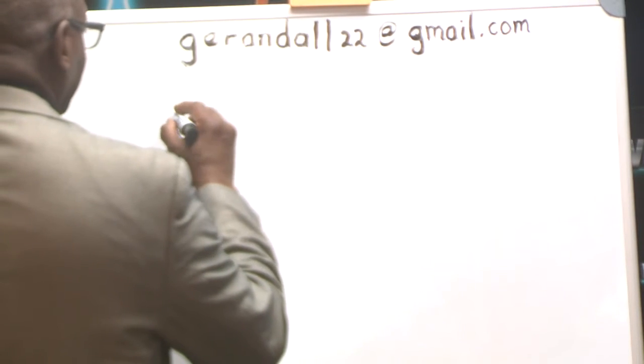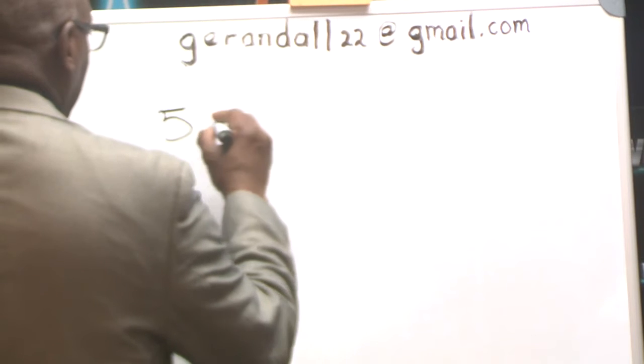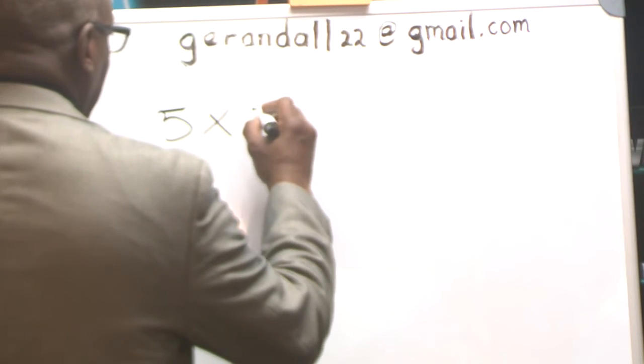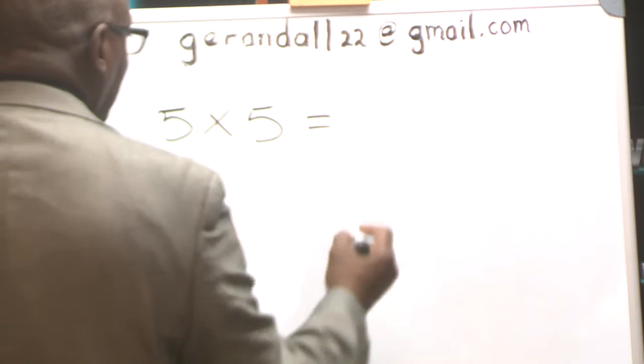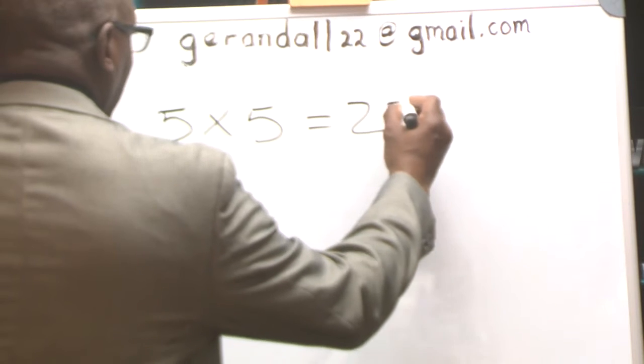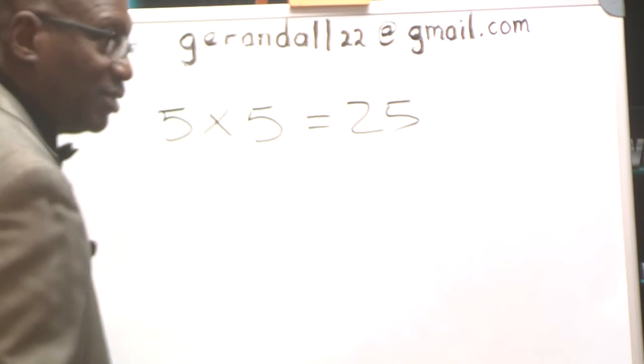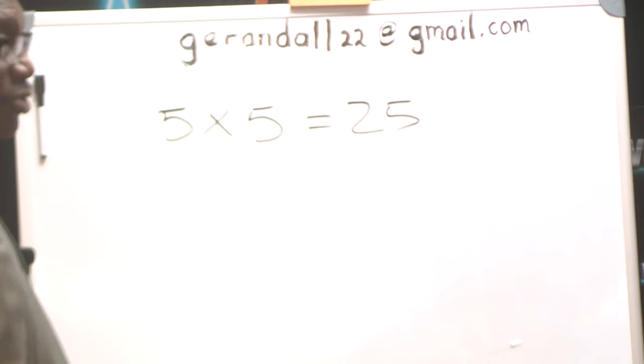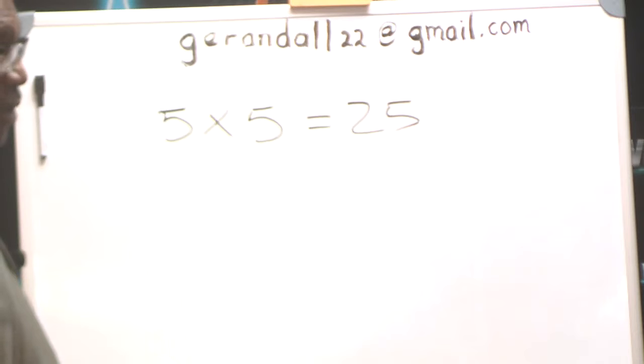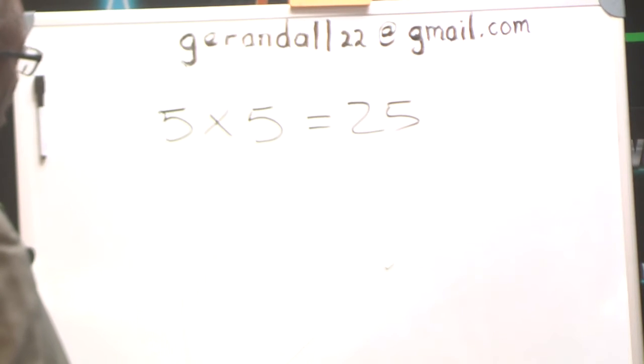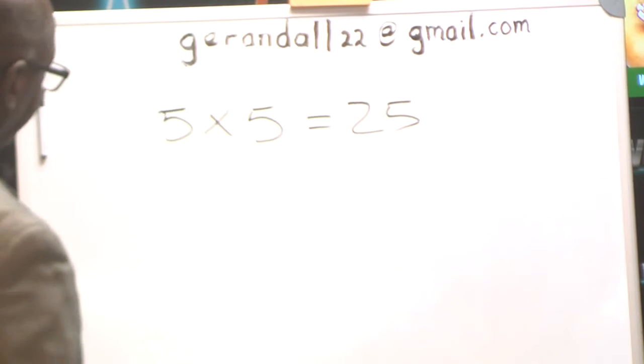So look at this. 5 times 5 equals 25. And multiplication is nothing more than a shorthand way to add. Watch this.